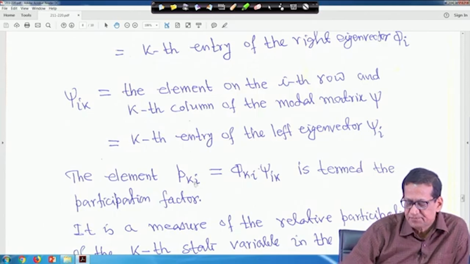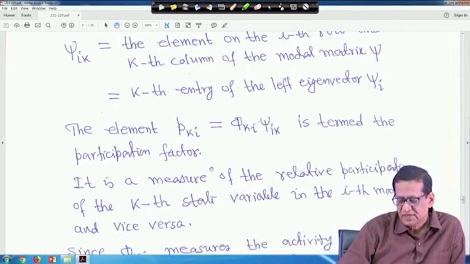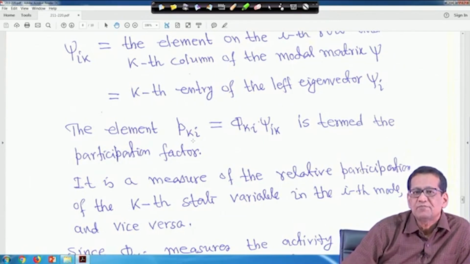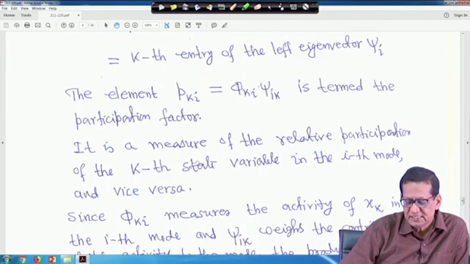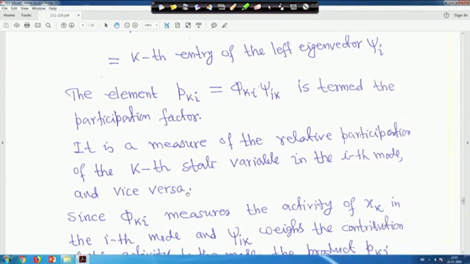Now, the element p ki, equal to phi ki into psi ik, is termed the participation factor in general. It will come in the matrix form. It is a measure of the relative participation of the kth state variable in the ith mode and vice versa.